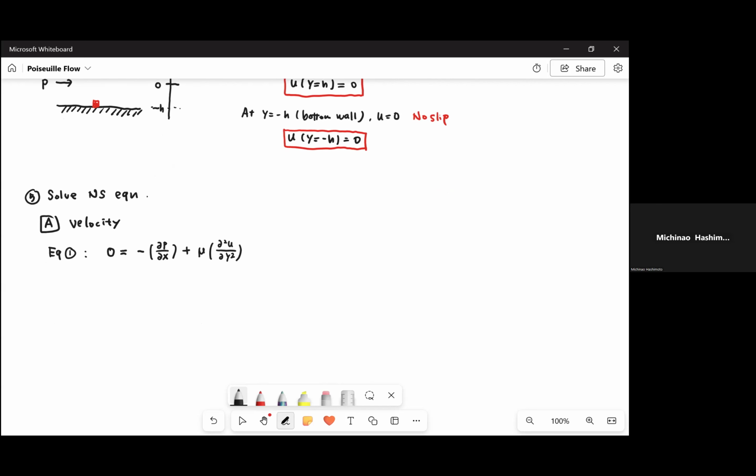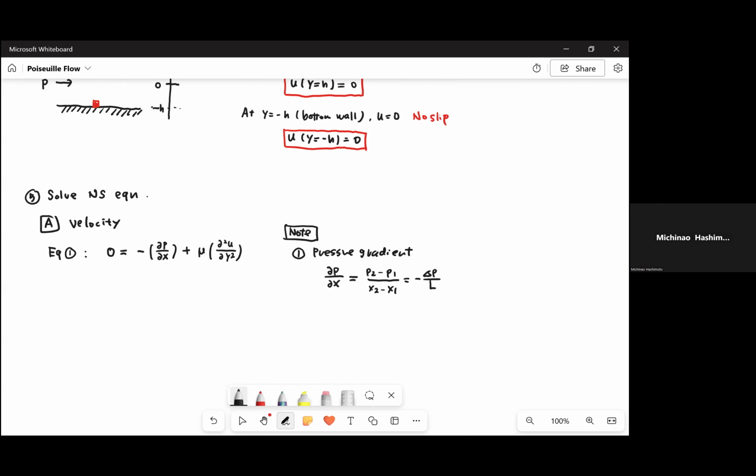To solve this, let me make a few comments. First is the pressure gradient. We said the pressure changes with x linearly. dp dx is p2 minus p1 over x2 minus x1, which equals minus delta p over L, if you remember.